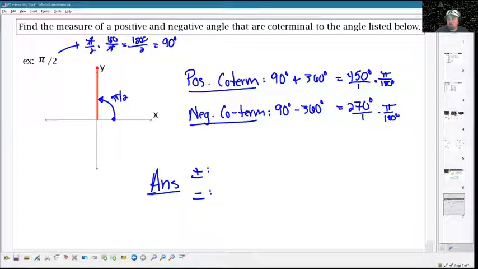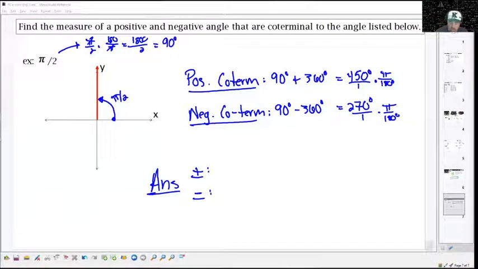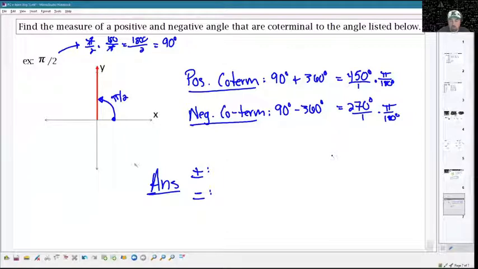Remember, this is where we just need to do that division. So let's actually look at that. 450 divided by 180, and we're going to math-fraction that so we can get the fraction we want out of it. That's 8 pi over 3.